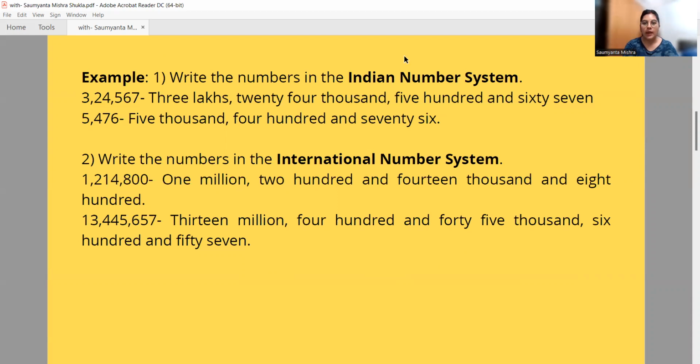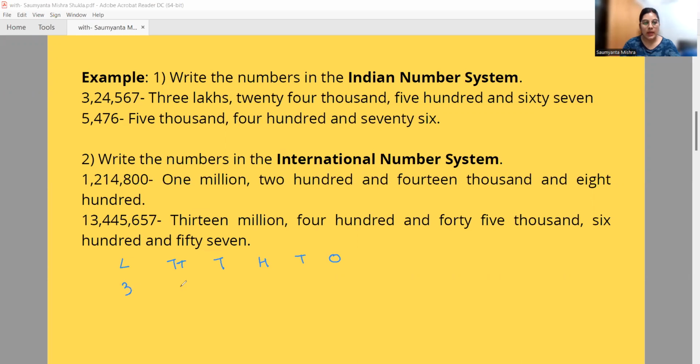Now here we have to write the given numbers in Indian number system form. So let's make a chart of the Indian number system. For that, we have to write lakh, 10,000, thousand, hundred, tens, and ones. Now we have to place this number in this number system chart.